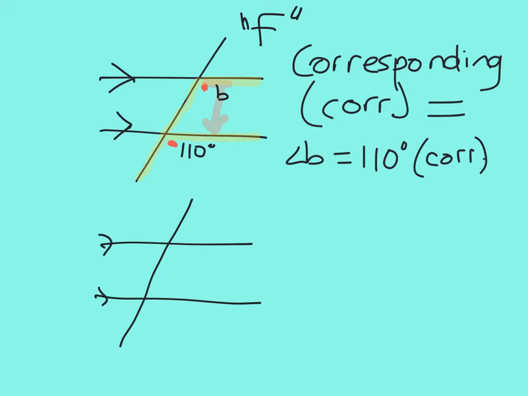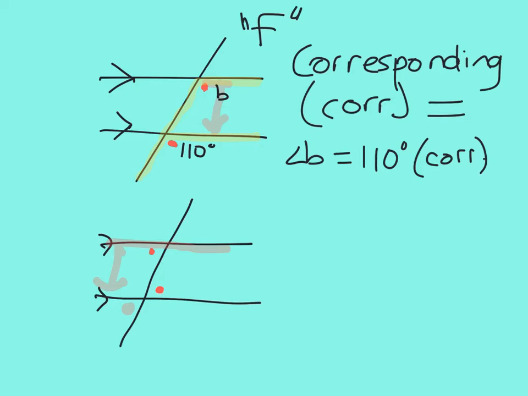Again, these are parallel. I'm going to look at this angle in here versus that angle in there. If I take this line and pull it down, you'll notice that the angle ends up there.